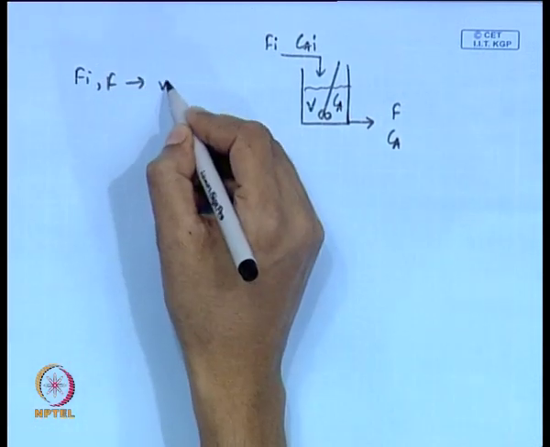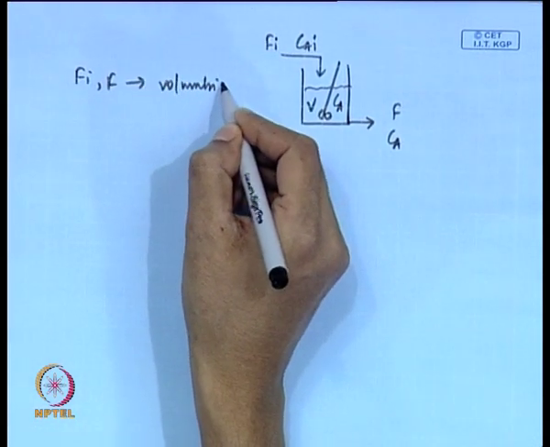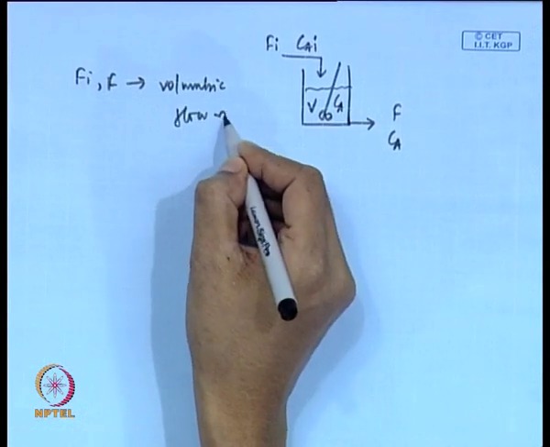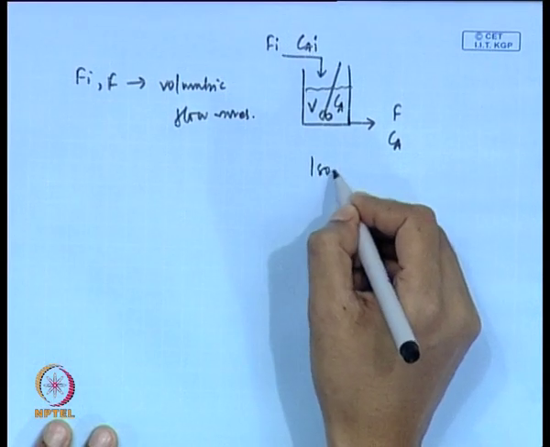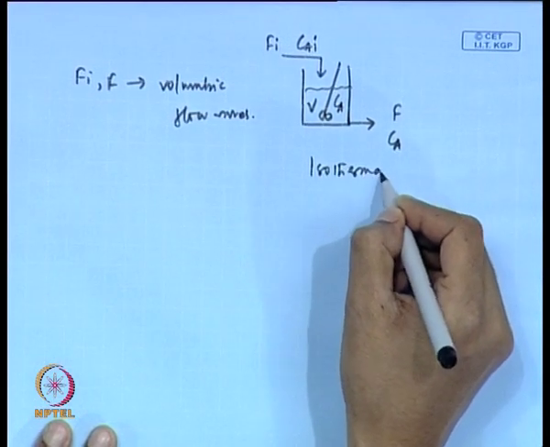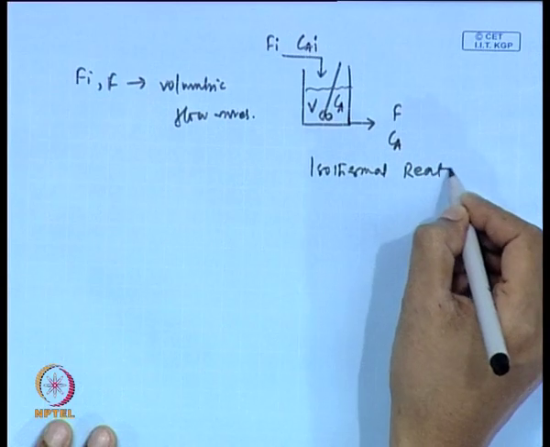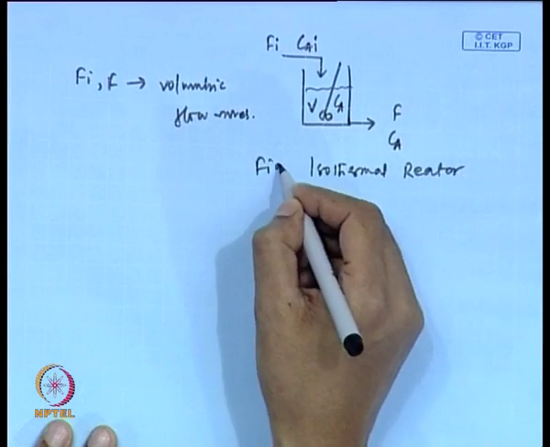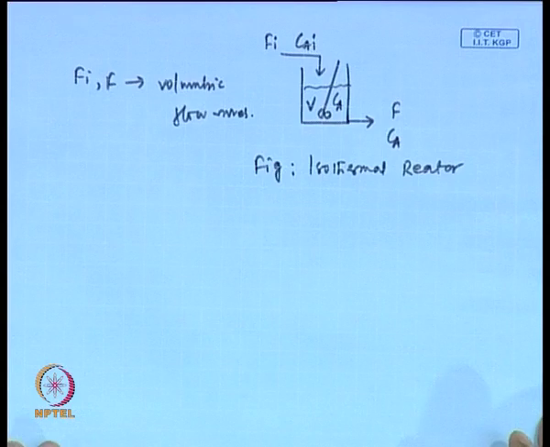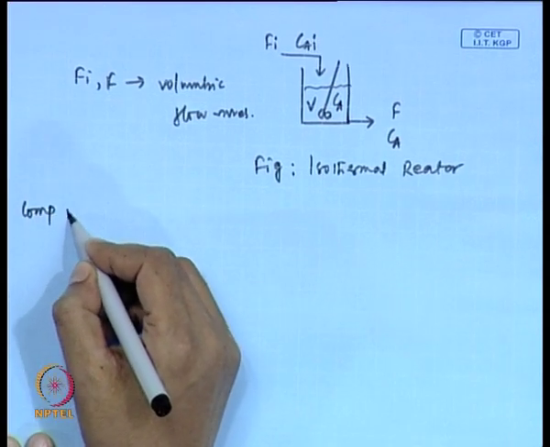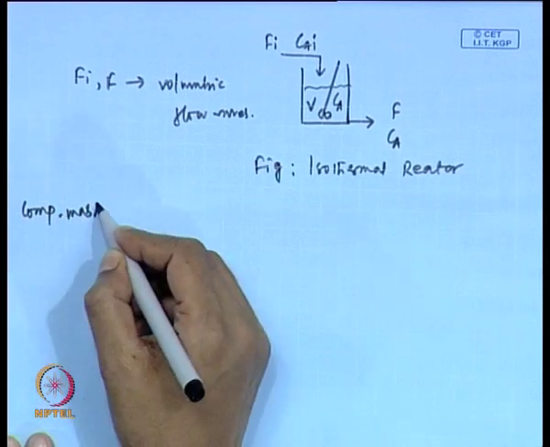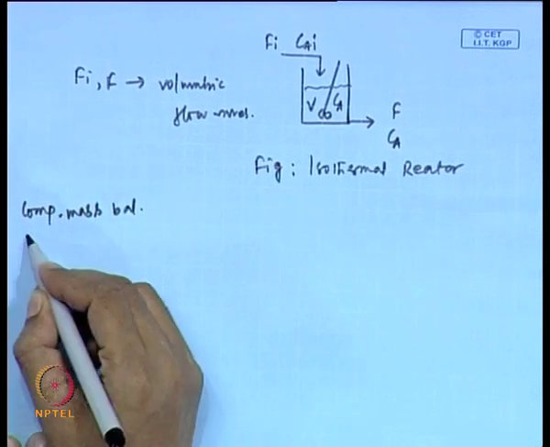Fi and F both are volumetric flow rates. This is a schematic representation of an isothermal reactor. What will be the component balance equation? Component mass balance equation.